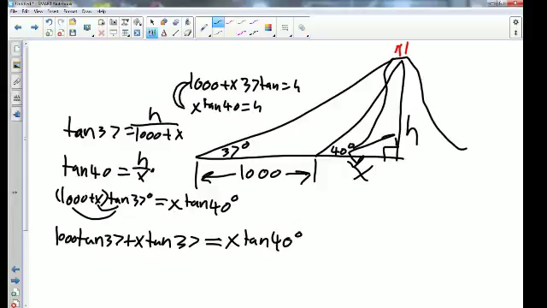Then what you can do is move the x tangent from this side to this side, because it's essentially the same thing, just a different degree.